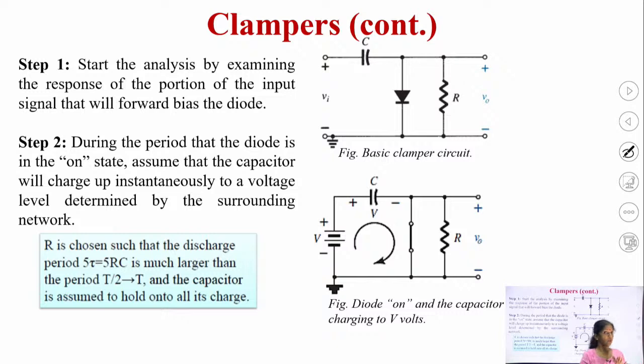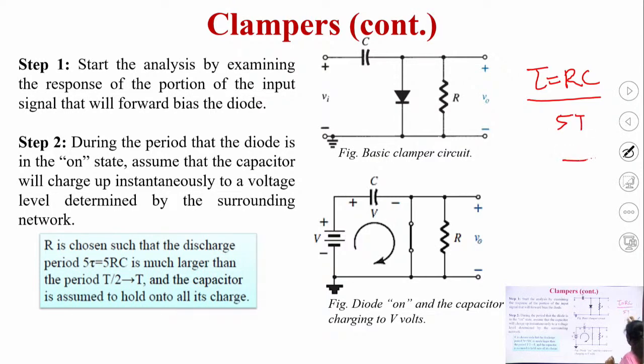What is the reason behind this? Tau is the time constant required for charging or discharging of the capacitor, and this tau is a very high value, nearly 5 tau.